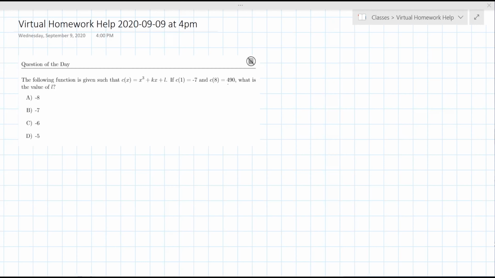So let's start by substituting 1 in for x and -7 in for c of x. I'm going to rewrite the equation, and I'm going to replace c of x with -7 equals 1 cubed plus k times 1 plus L. Simplify.